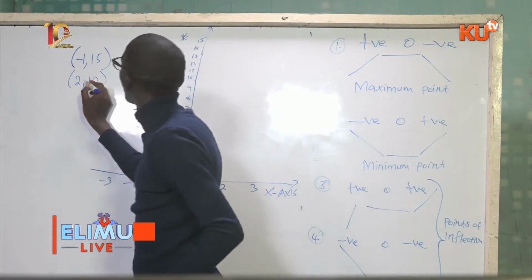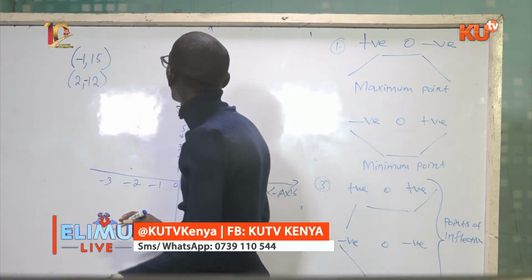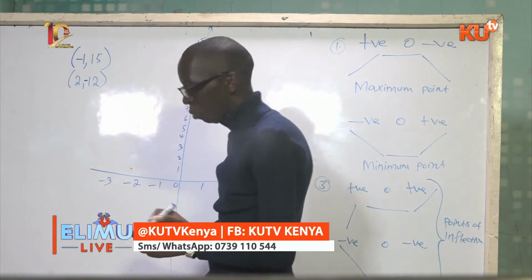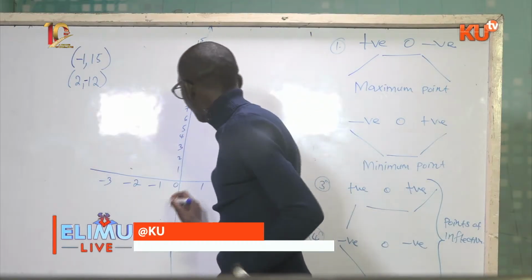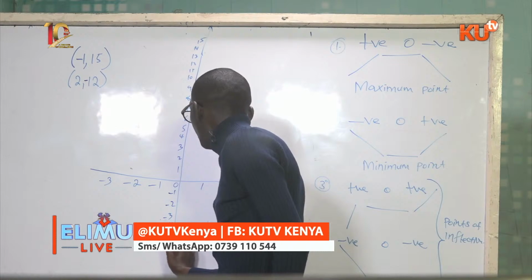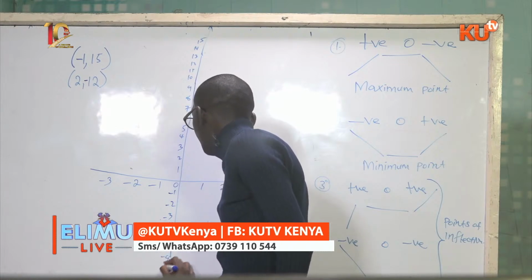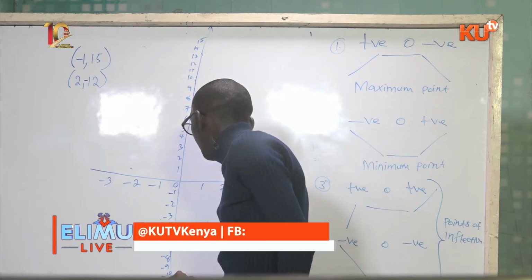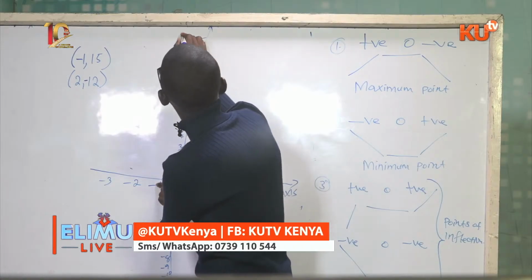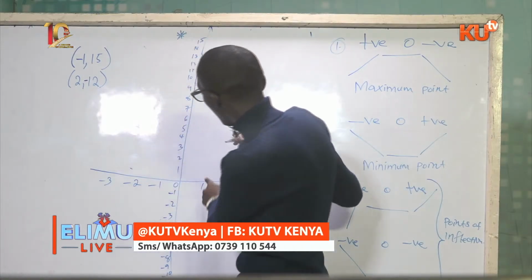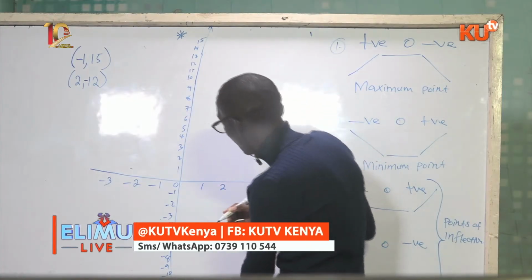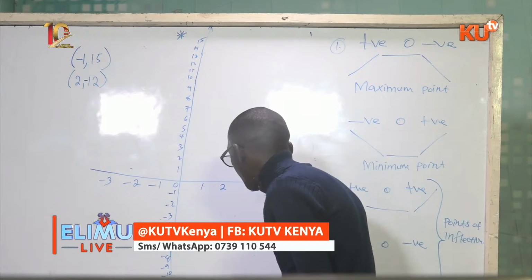So 2, -12. Now we extend the y-axis downward: -1, -2, -3, -4, -5, -6, -7, -8, -9, -10, -11, -12. So you have plotted -1, 15 there, then you plot 2, -12. It's down here.